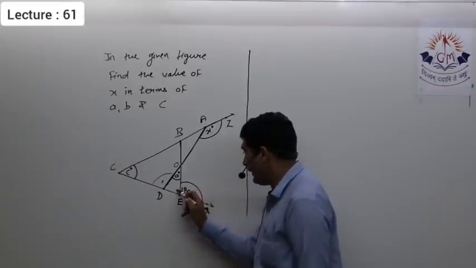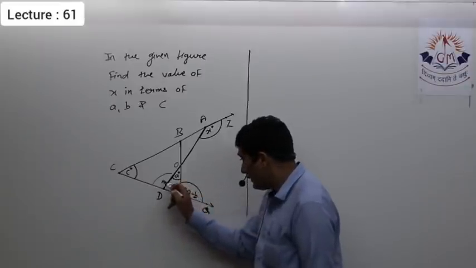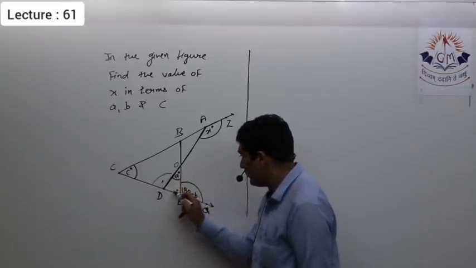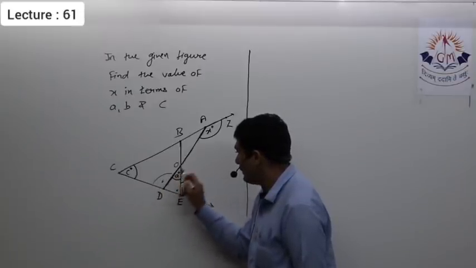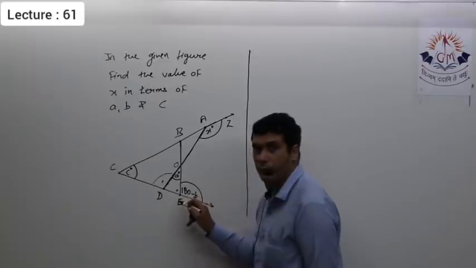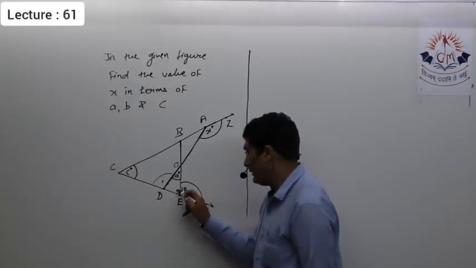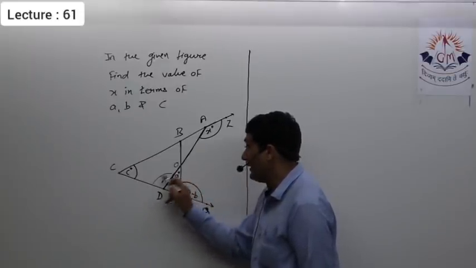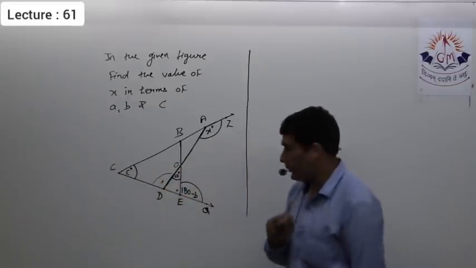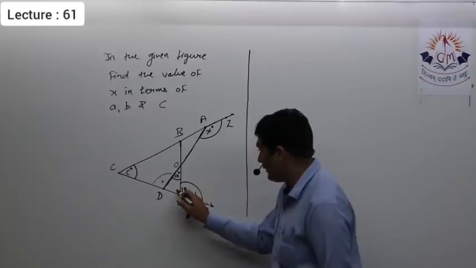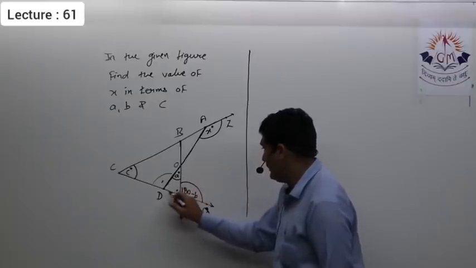And as soon as I get this, again this angle is an exterior angle for this smaller triangle as well, triangle DOE. So when I get this, I'll be able to get this, and when I get this in triangle ABD, I'll apply the exterior angle property. So first of all, I'll try to get the measure of this angle OED.